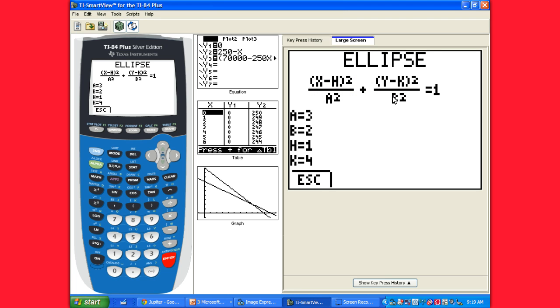Okay, so I'm going to say, okay, a is 3, enter. b is the square root of 5. And when I put square root of 5 in, it's going to convert it to a decimal when I hit enter, but that's okay. And then h was 2, and k was 1.